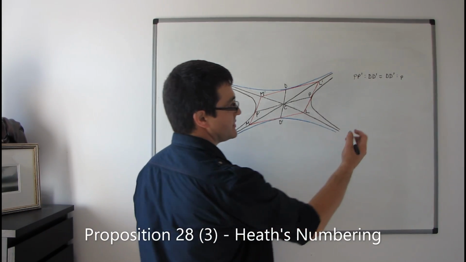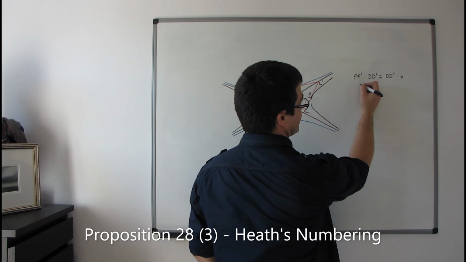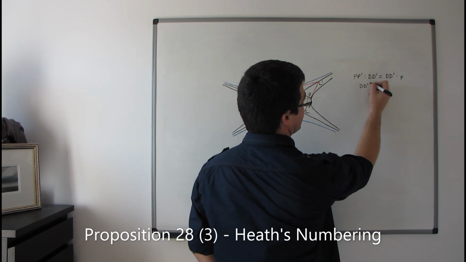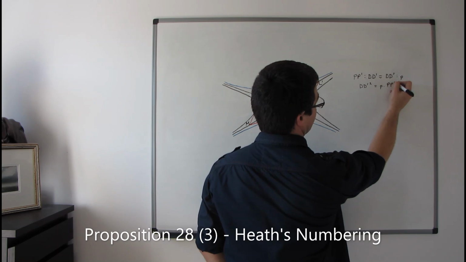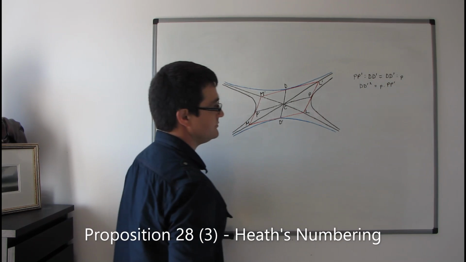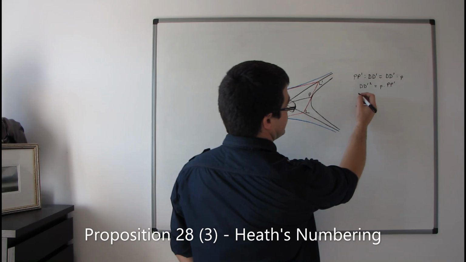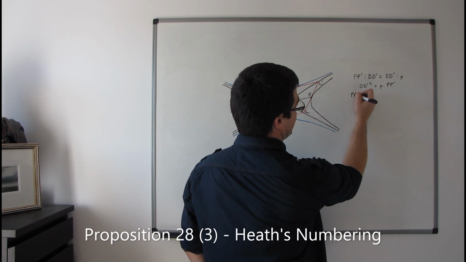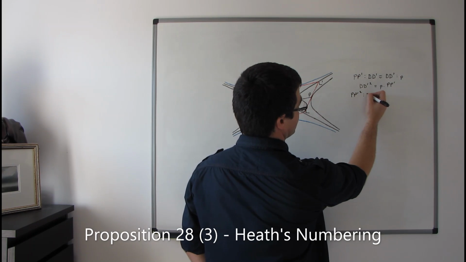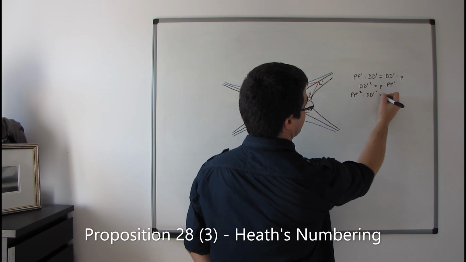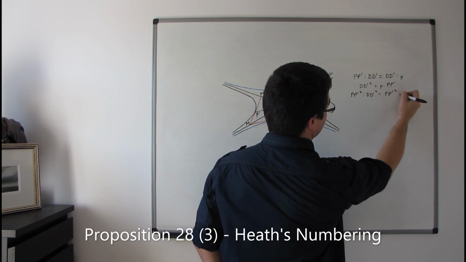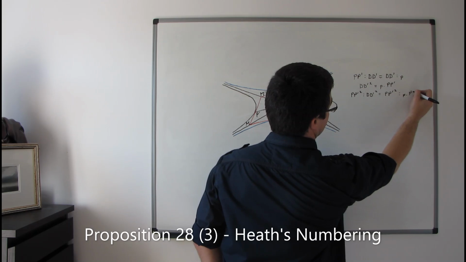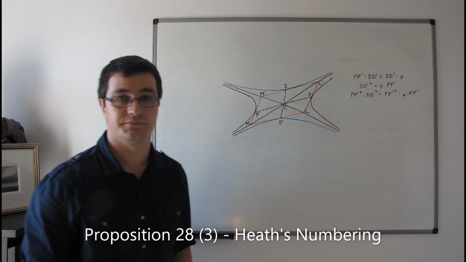So from this we get, of course, that D primed squared is equal to P times P primed, and therefore P primed squared ratio D primed squared is equal to P primed squared ratio P times P primed.